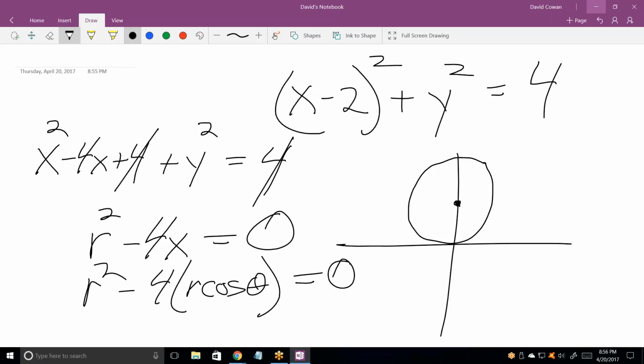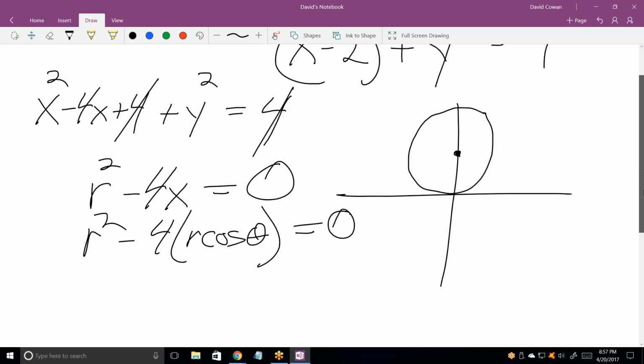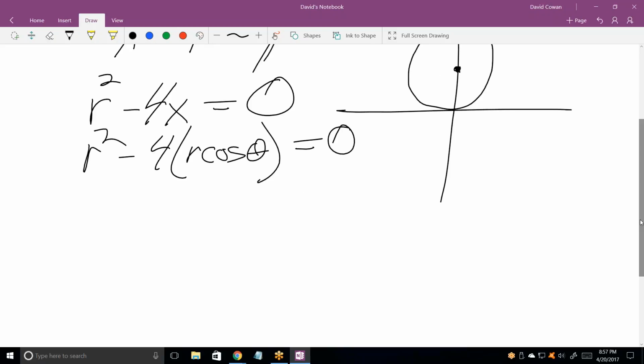And now r squared minus 4, and x is r cosine of theta, equals 0. Now you move the negative 4r cosine over to the other side. Oh, maybe not. Well, I was going to factor out an r. What do I do from here? Let me think about this just a minute. In other words, I want my answer to be r equals something.